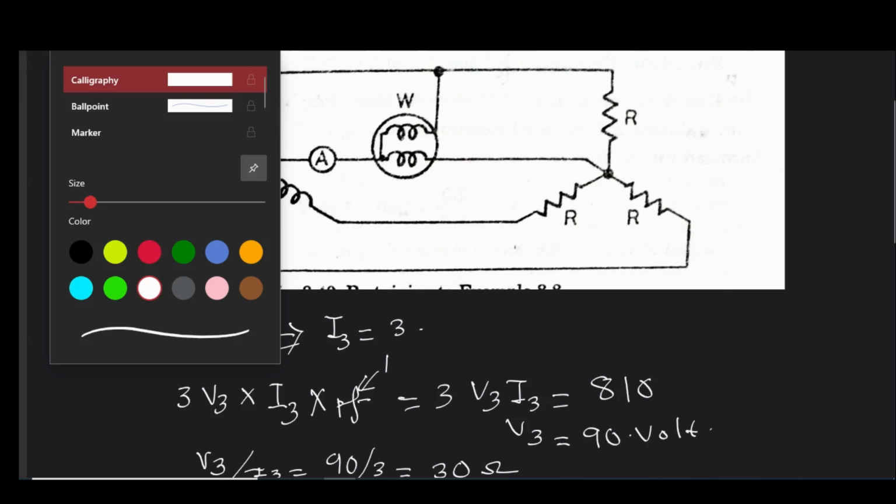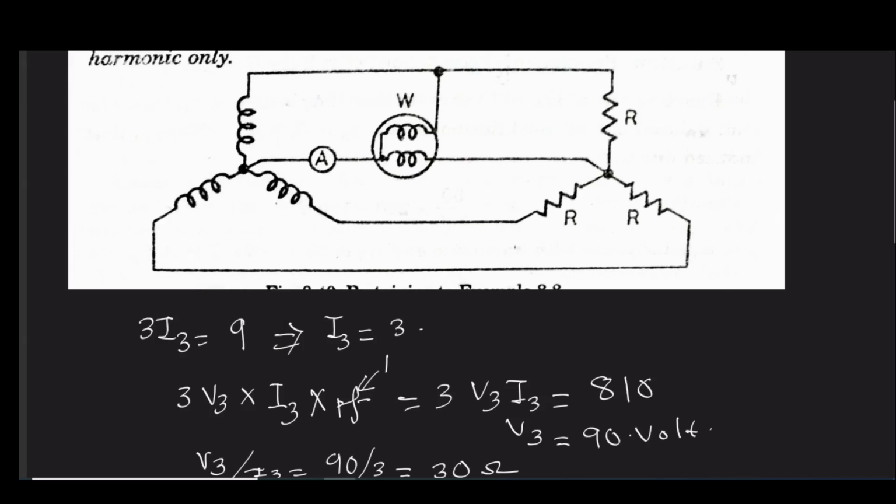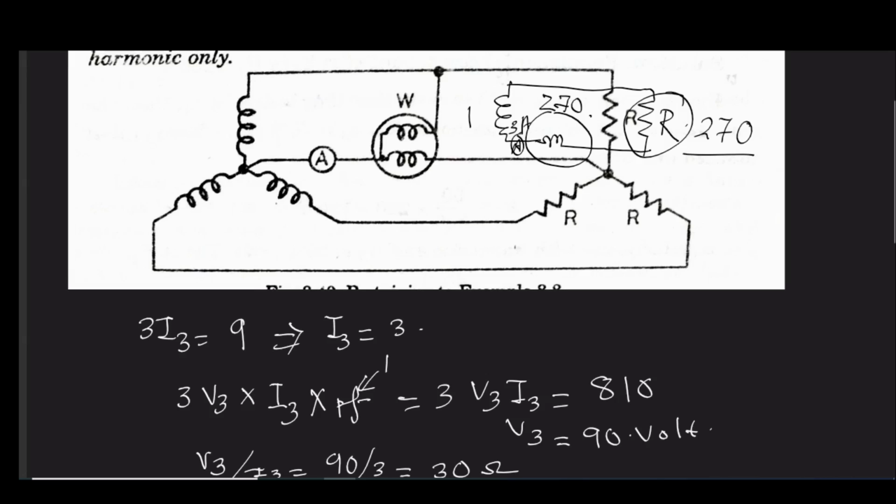Like what I am trying to say, you can consider this problem so that here the current in one phase, one arm, is 3 ampere, power is 270, voltage is 90, therefore R is 270 by 3 square.